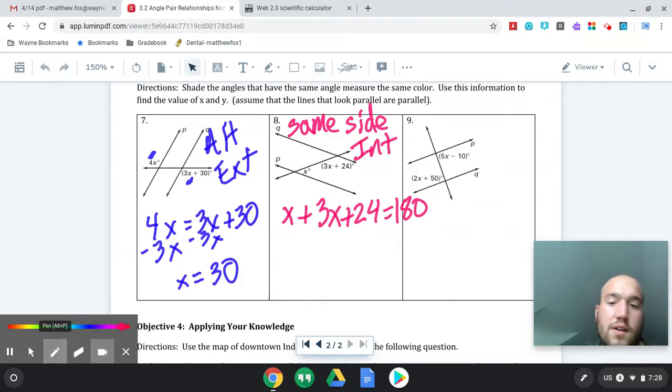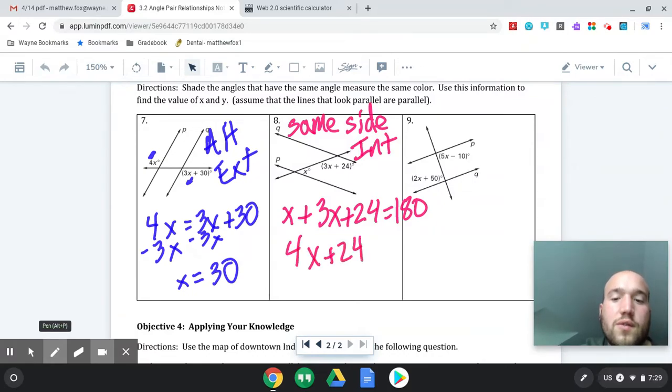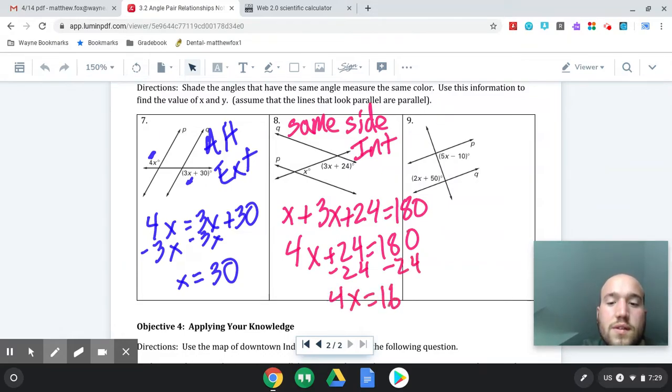All right, so now at this point, let's combine our like terms. X plus 3x gives us 4x plus 24 equals 180. Then at this point, we will simply subtract 24. And we'll be left with 4x equals 160. Sorry, I made a mistake.